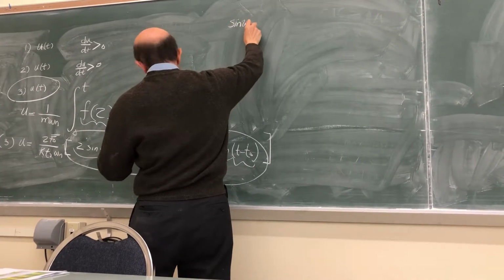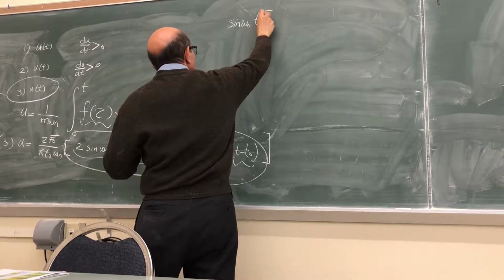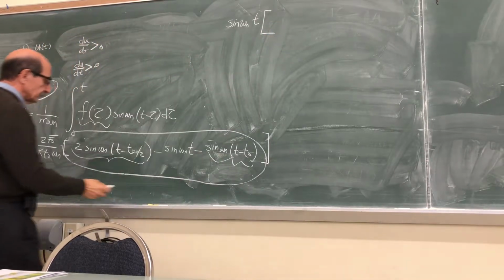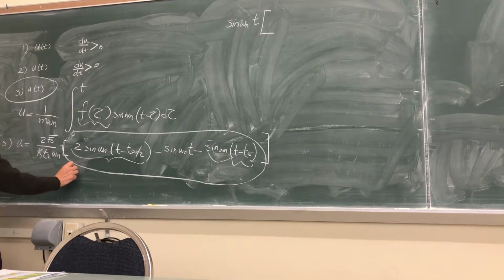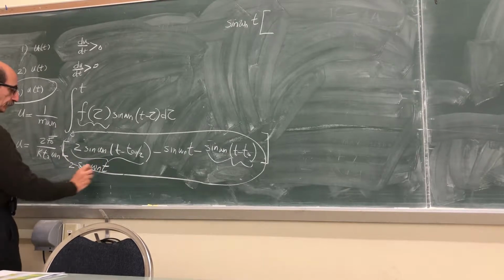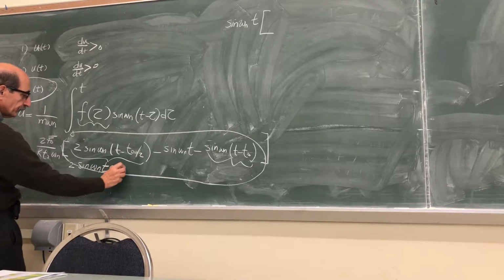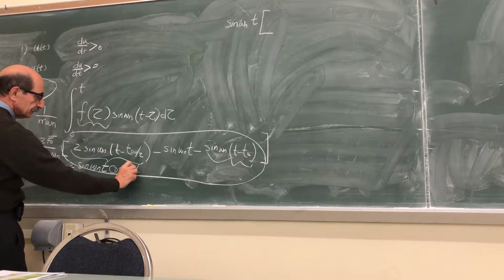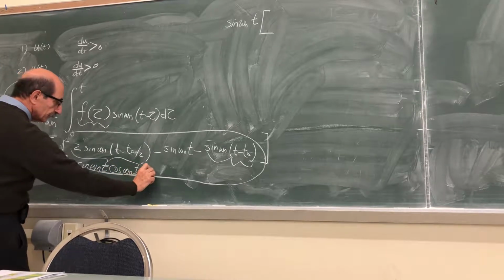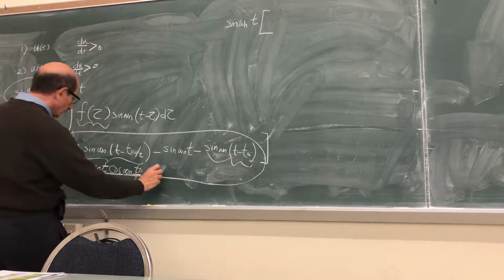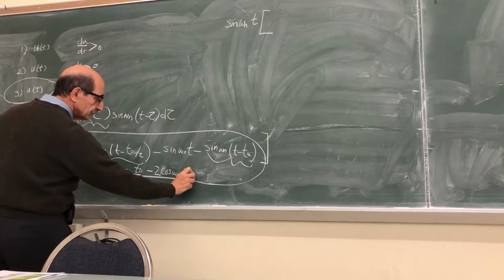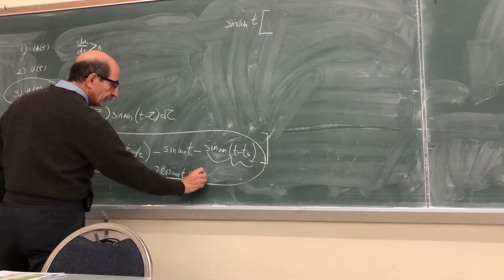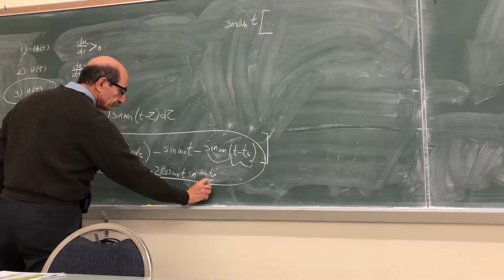If you expand this, you have 2 sine omega n t cosine omega n t0 over 2 minus 2 cosine omega n t sine omega n t0 over 2.